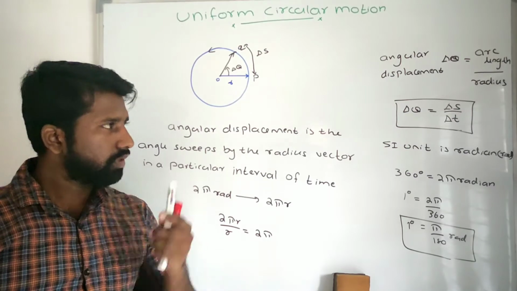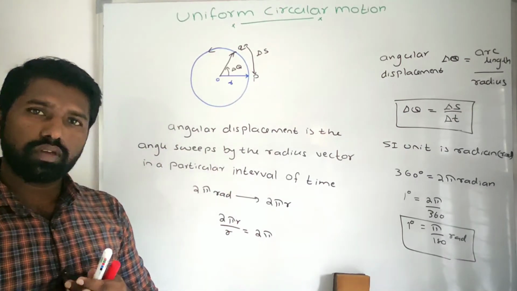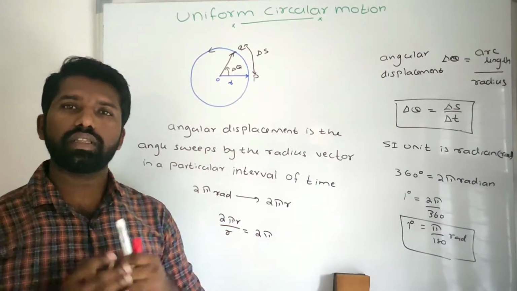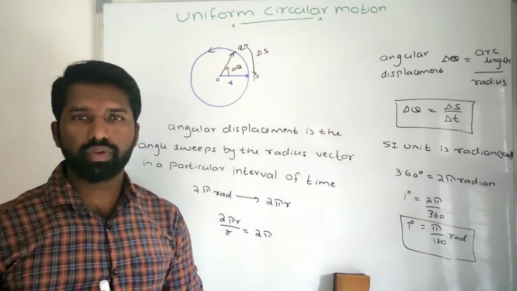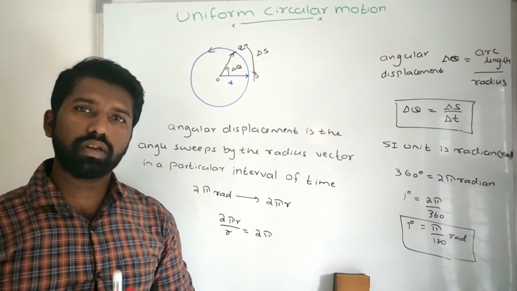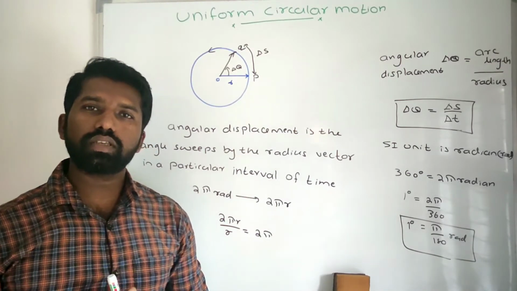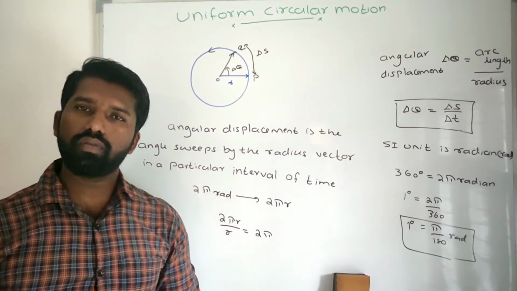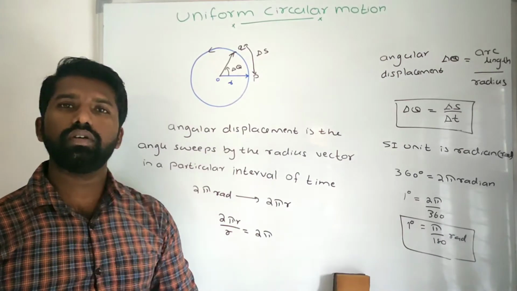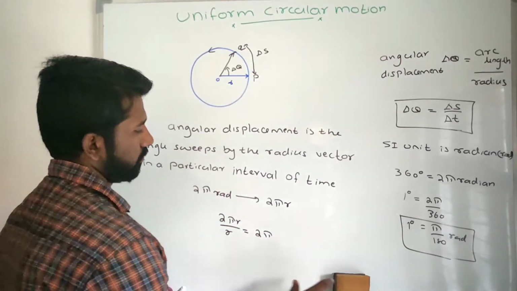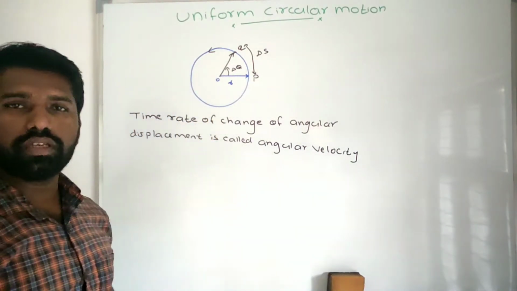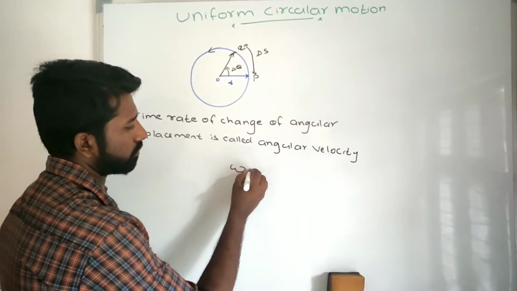Next, in linear motion, the displacement of an object divided by time is called velocity. In a similar way, in circular motion, the angular displacement divided by time is called angular velocity. So angular velocity is the rate of change of angular displacement per unit time. Angular velocity is represented by the letter omega.